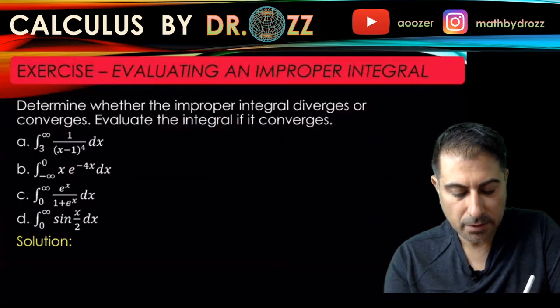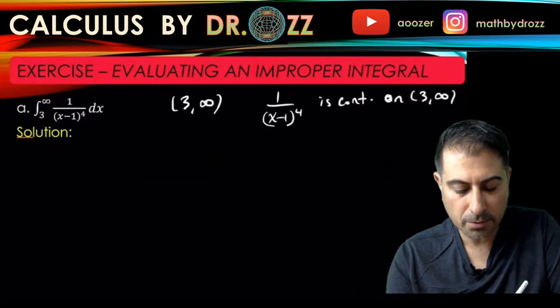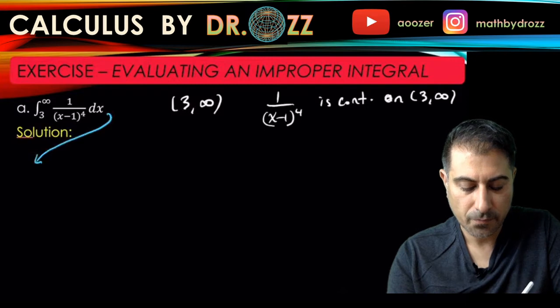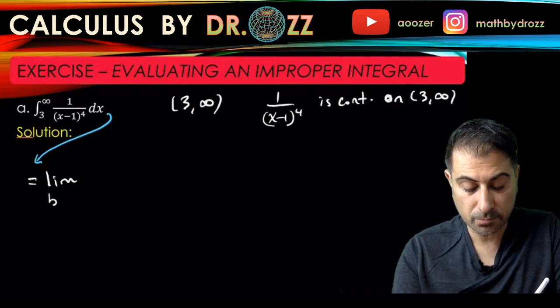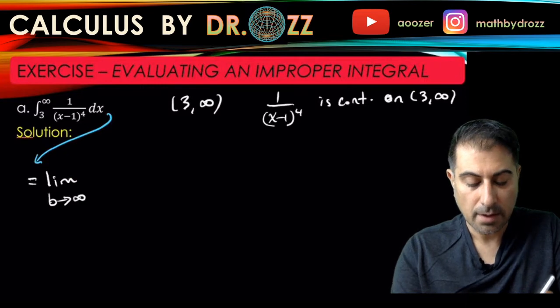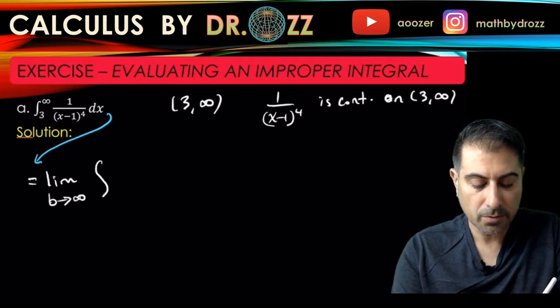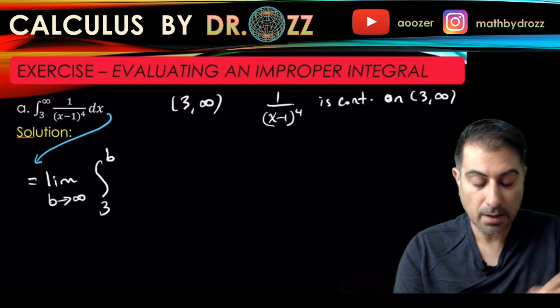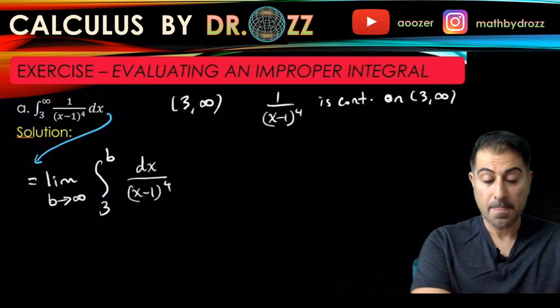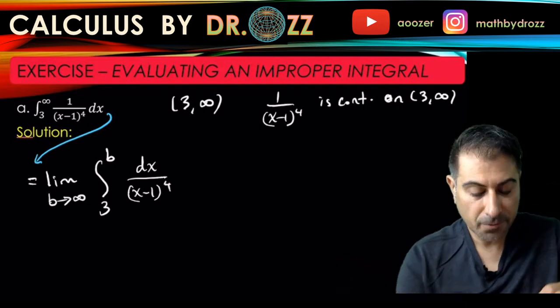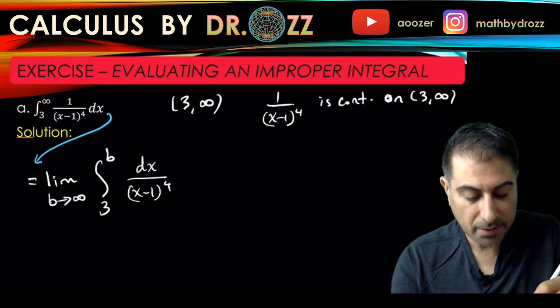This integral here is equal to, okay, so we just put the limit here, and we're going to replace the upper limit by b. So that means that first I need to take care of this integral.